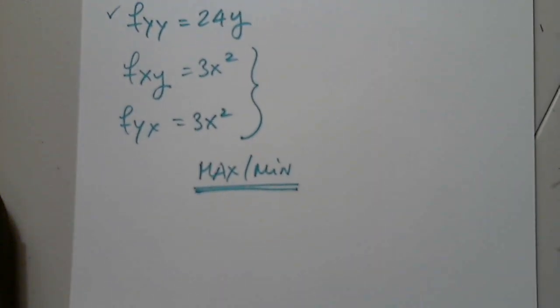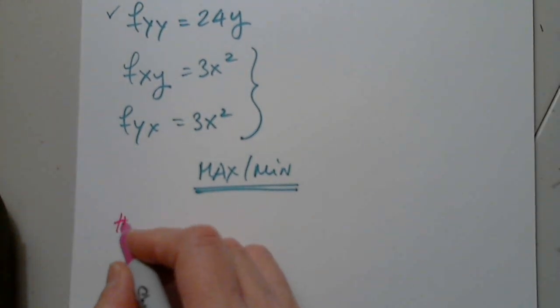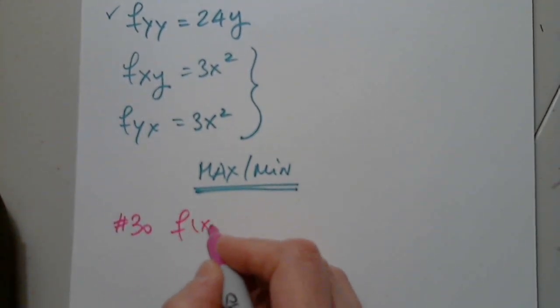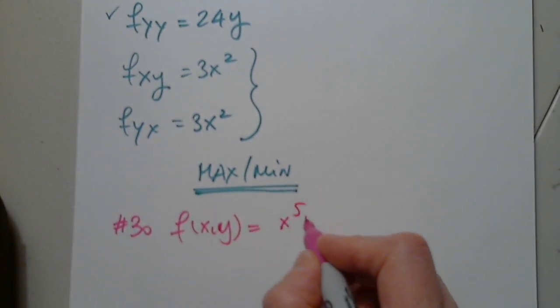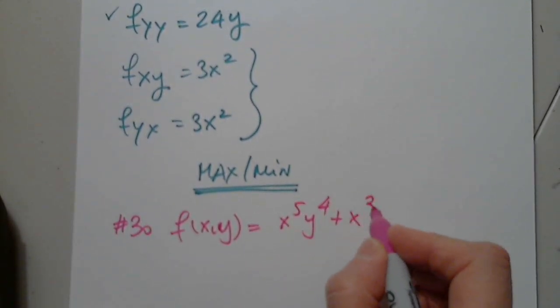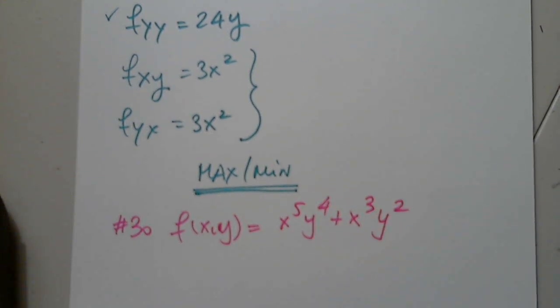Okay, I will. So let's say 30. So f of x comma y is x to the 5th, y to the 4th, plus x to the 3rd, y squared.